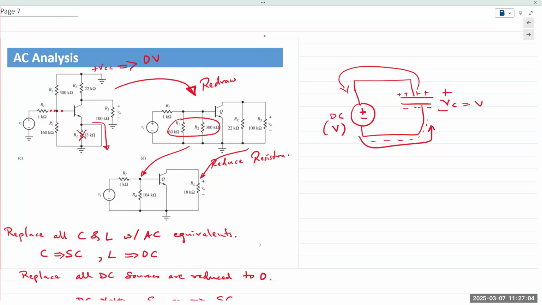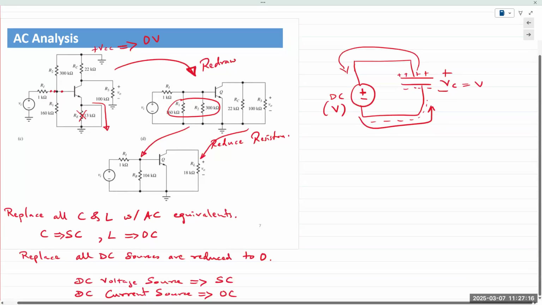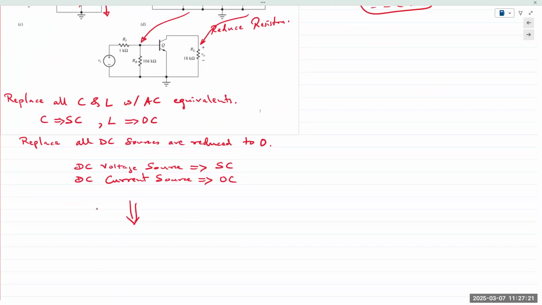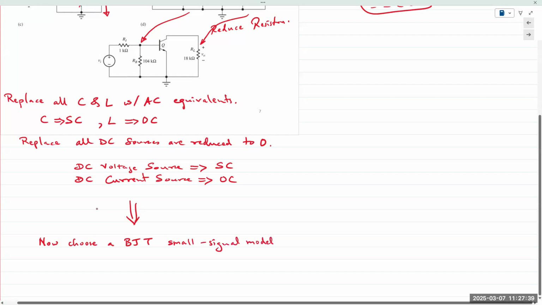And then at this point, depending on your application, you choose a specific BJT small signal model. So the external circuit is reduced. Small signal model.